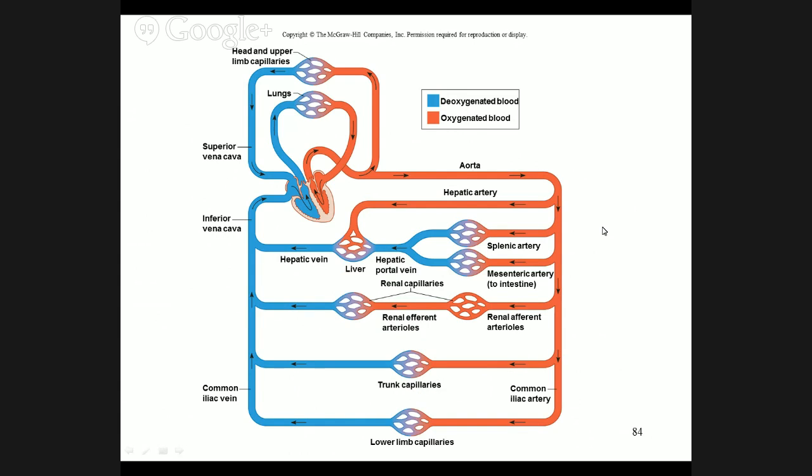Here's another schematic of what happens to the deoxygenated blood in the veins and the oxygenated blood and where it goes.